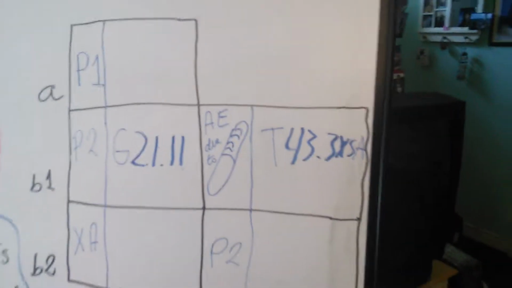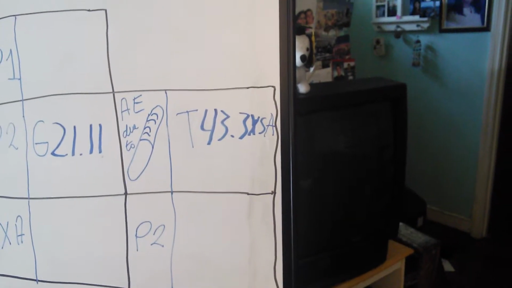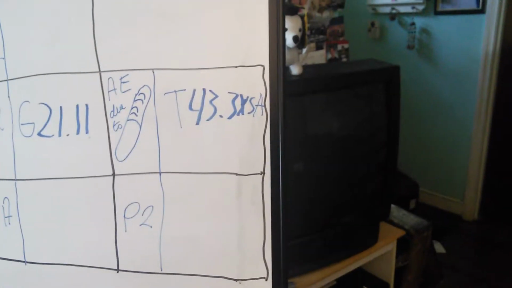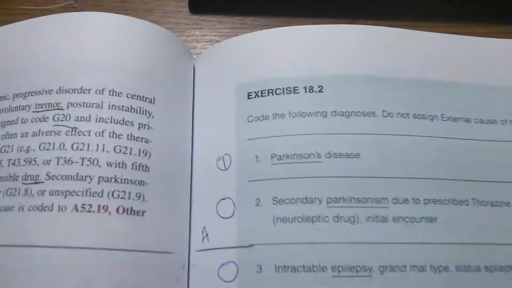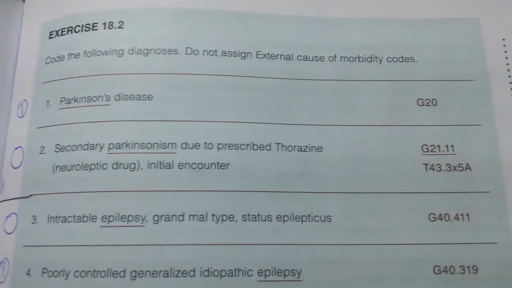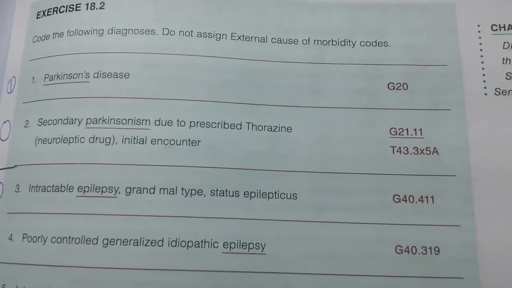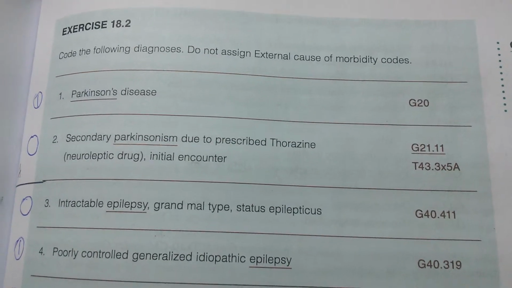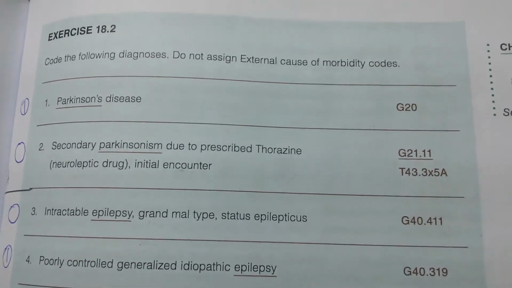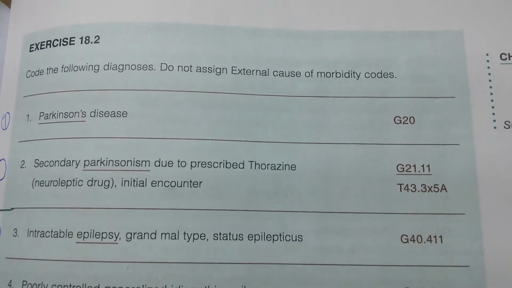So these are our two codes: G21.11 and T43.3X5A, right? And now we come to the book as a last step, and we check, and our answer is G21.11 and T43.3X5A, which is what we wanted.